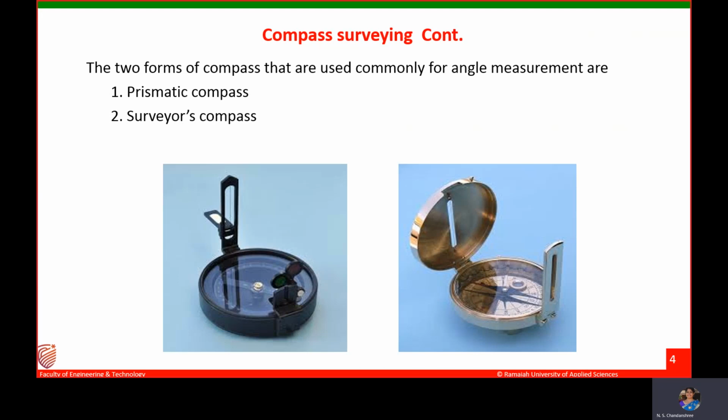Then there are two forms of compass that we use for the measurement of angles. One is the prismatic compass. This is the image of a prismatic compass. The other one is the surveyor's compass.